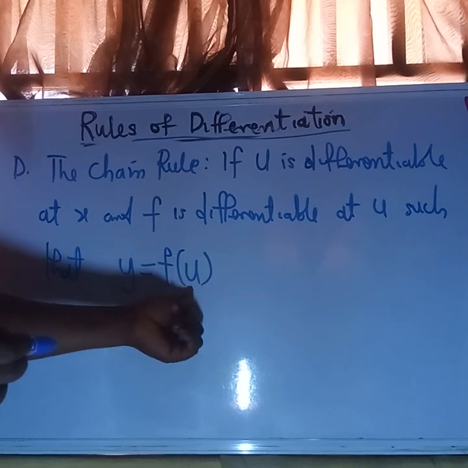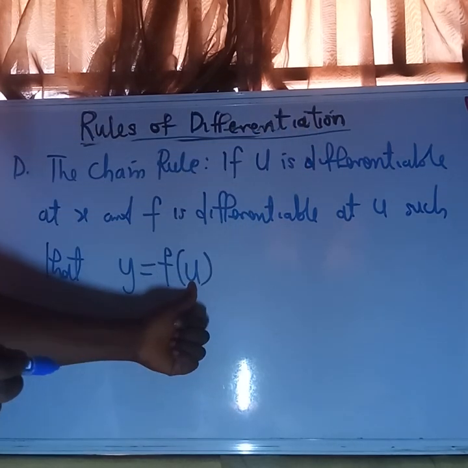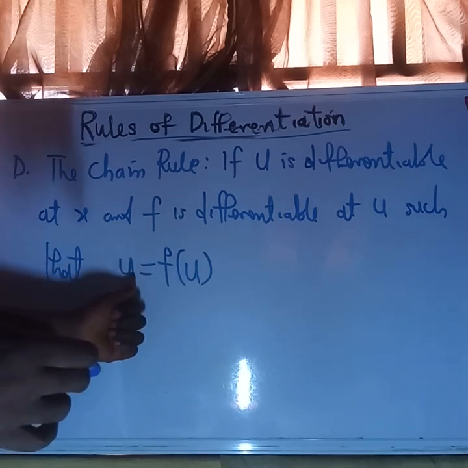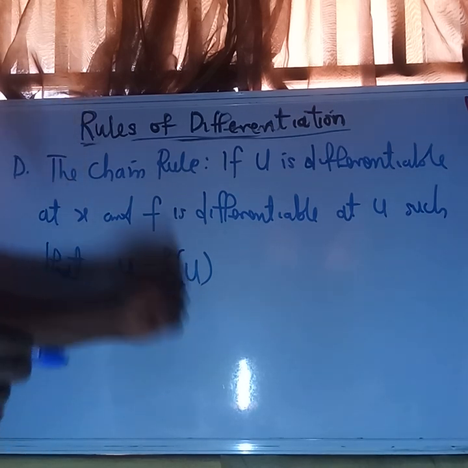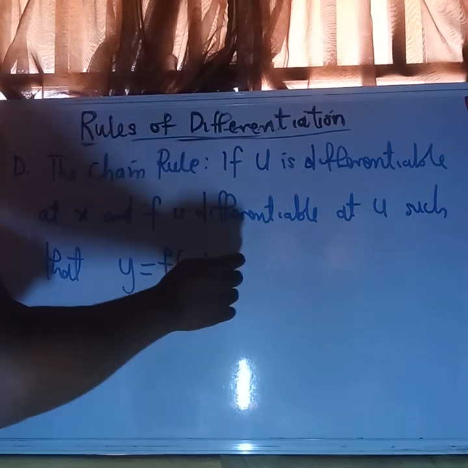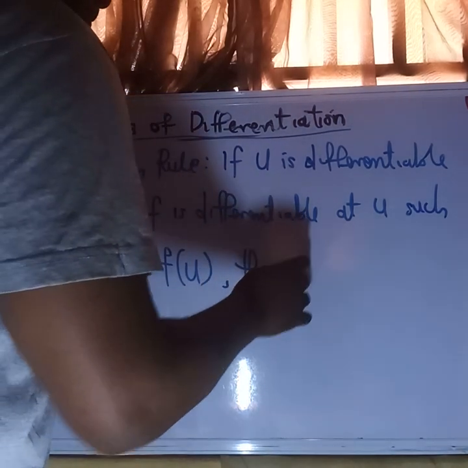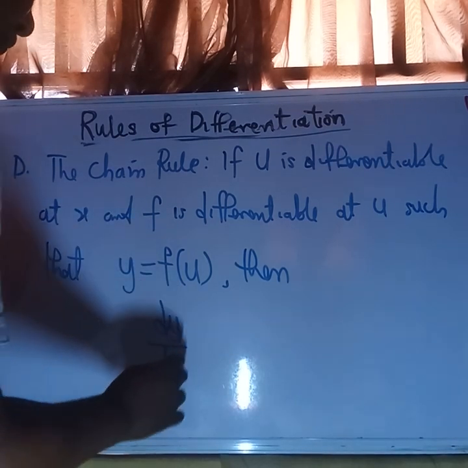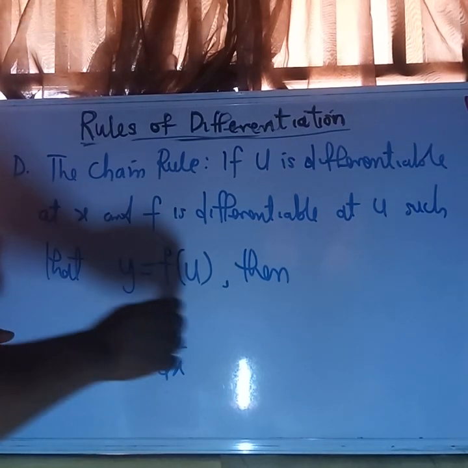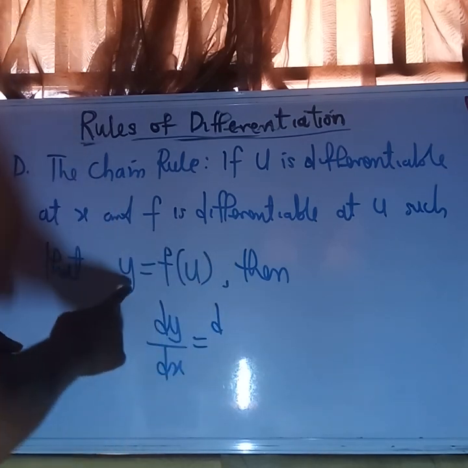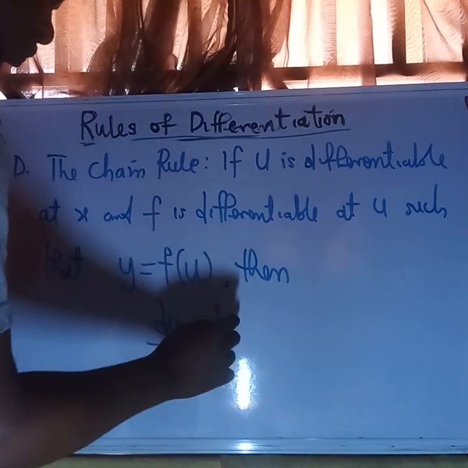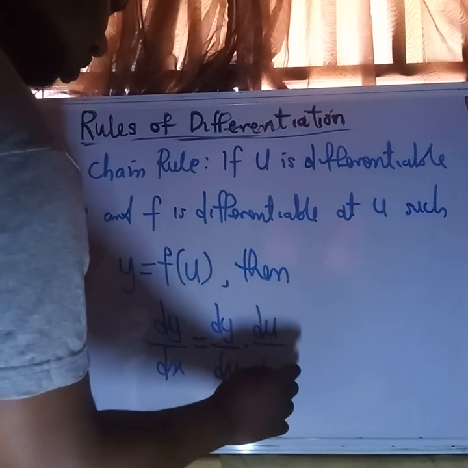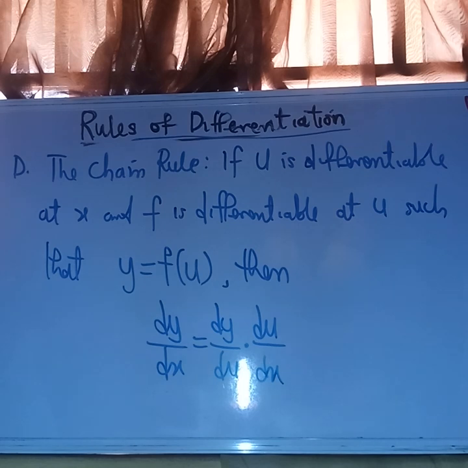By virtue of what we have above, u is depending on x, and this function y or f is depending on u. So then the derivative of y with respect to x will be the derivative of y with respect to u multiplied by the derivative of u with respect to x.